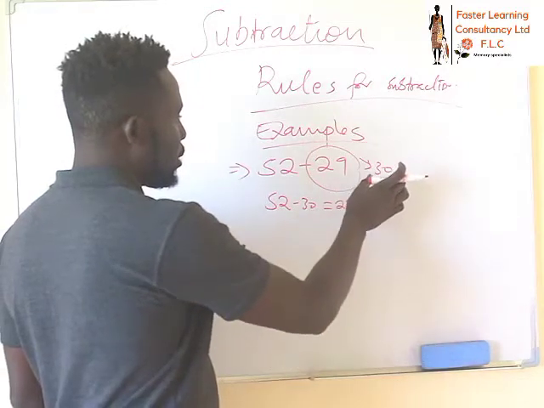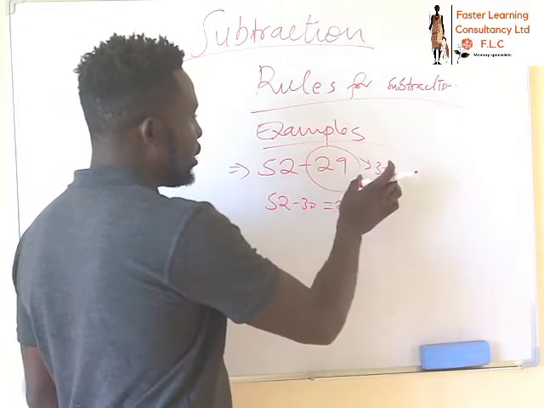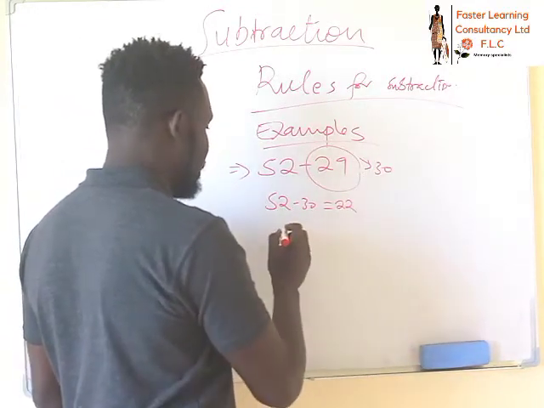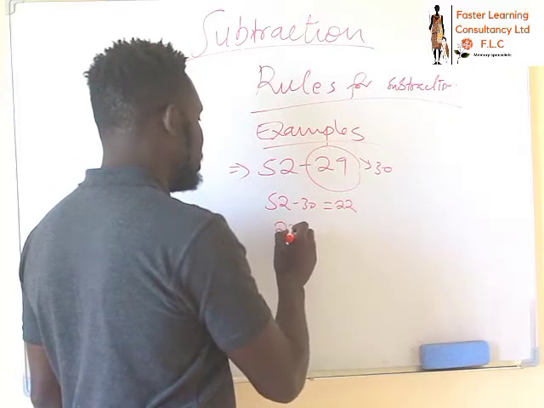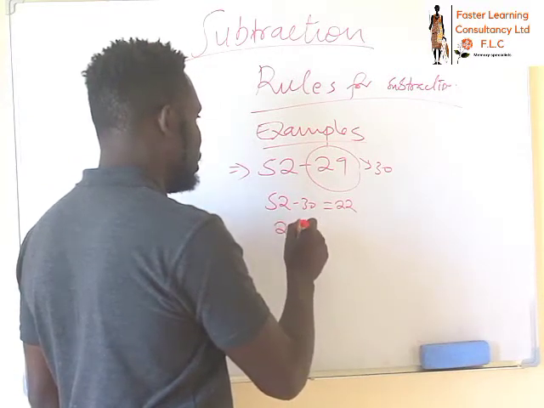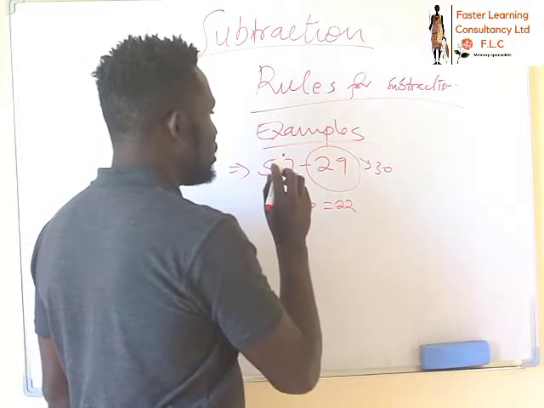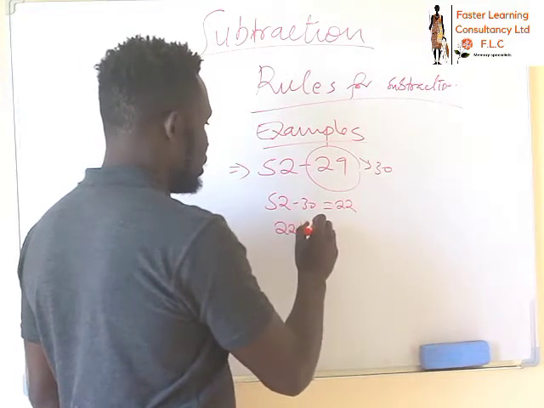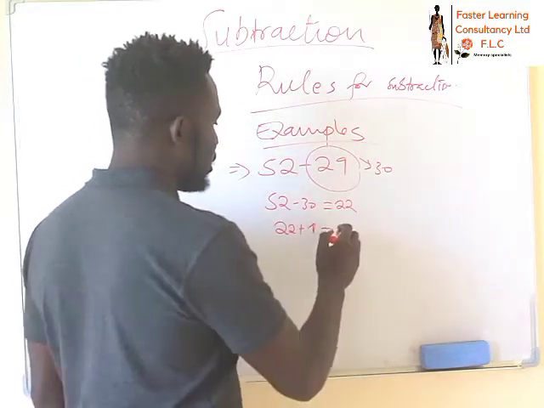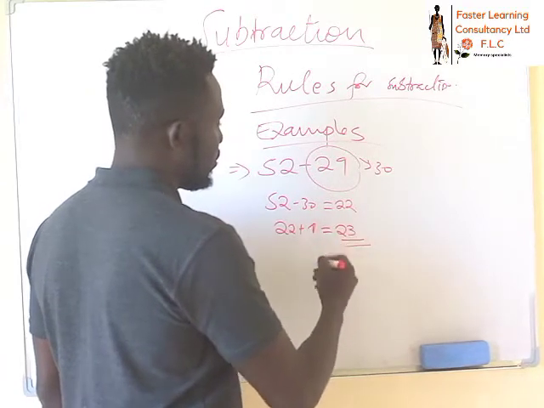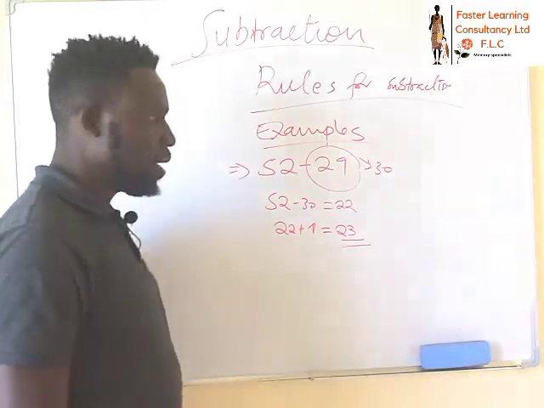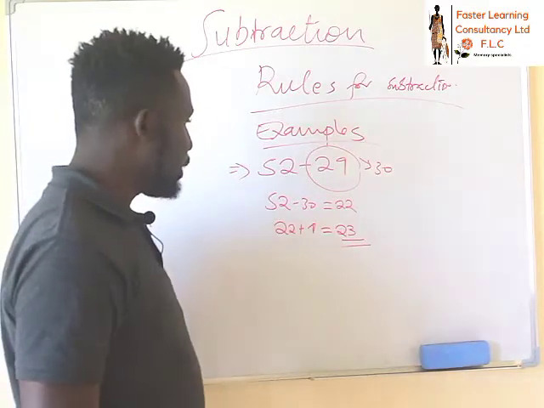Because we promoted 29 to 30, we know we subtracted 1 too many, so we have 22 plus 1, which is going to be 23. Like that you get your answer and you're done.